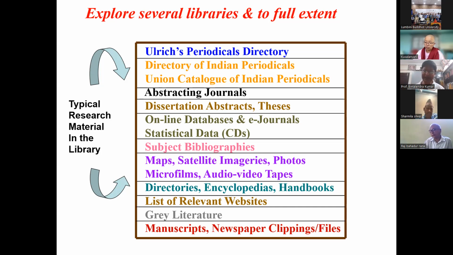Even Hajime Nakamura of Japan has also written a bibliography on Buddhism. There is a good volume, and any scholar can go through that book. Hajime Nakamura has written on all the thoughts related with Buddhism, and he has given a bibliography showing how a research scholar can move towards the primary sources as well as secondary sources.